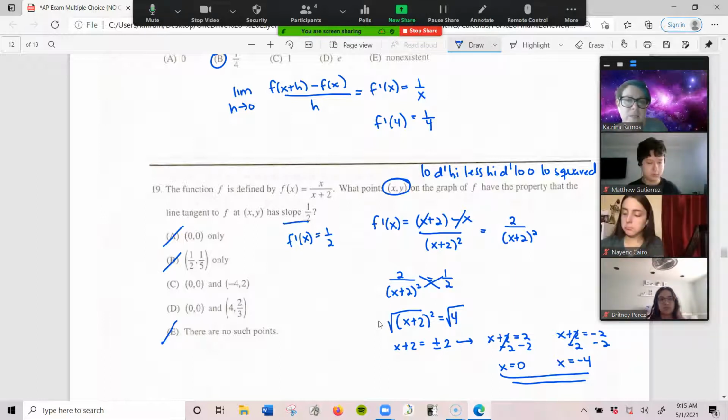And we did get points, so it can't be that. It's either C or D. But if you look at the x values, both of these have 0, but then here you have negative 4 and positive 4. We got negative 4, so I don't even need to solve for the y because C is the only one that has the two correct x values. So that's just to save you a little bit of time. Okay?